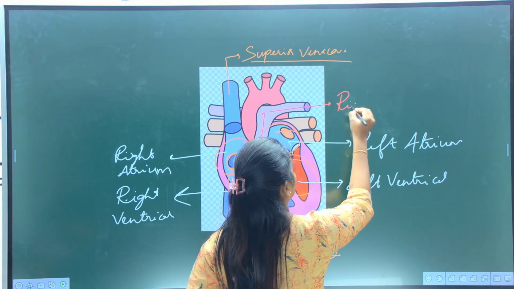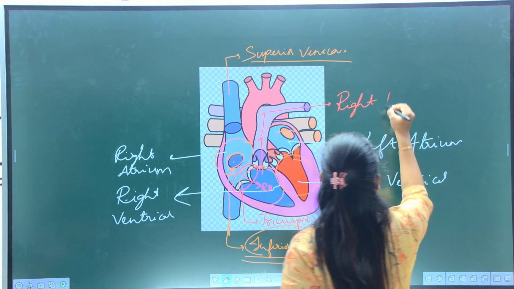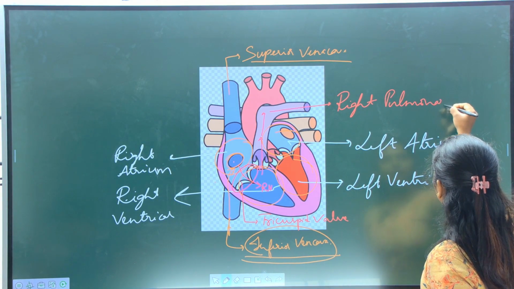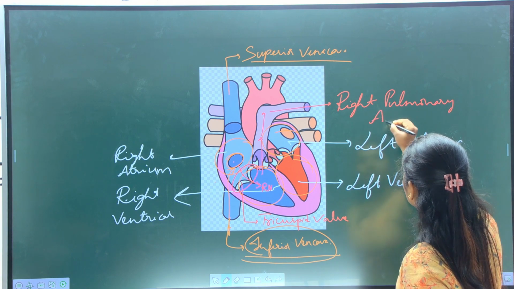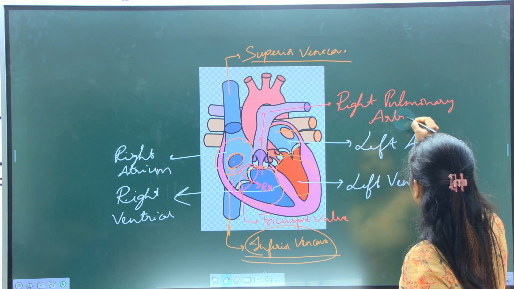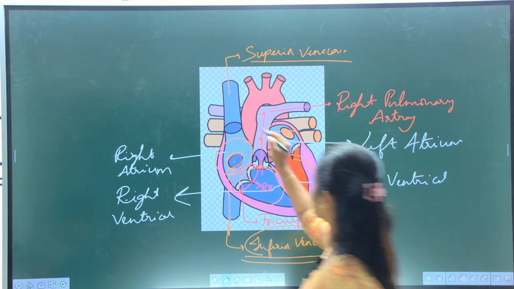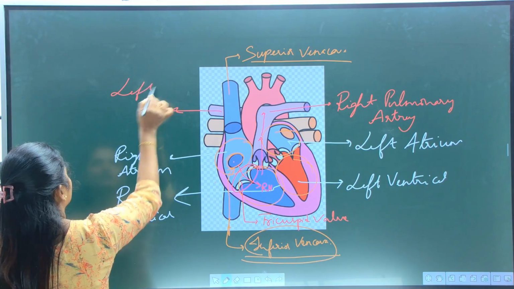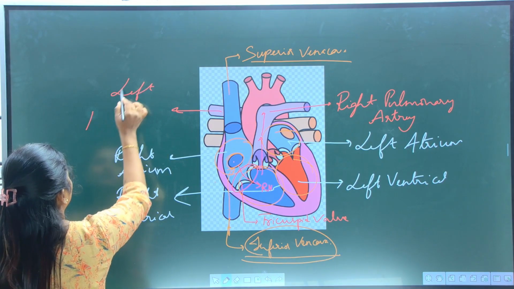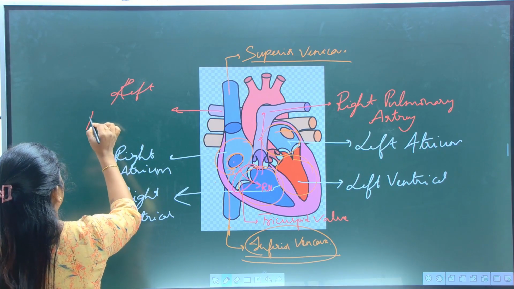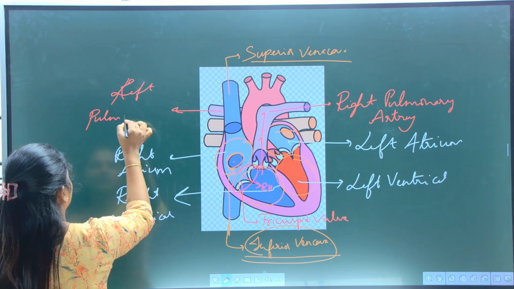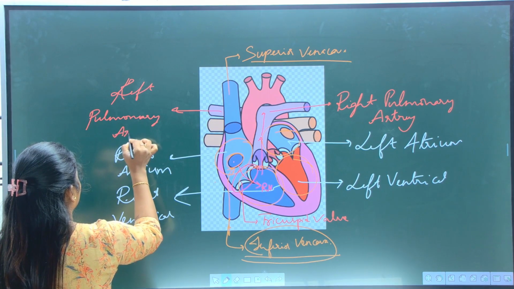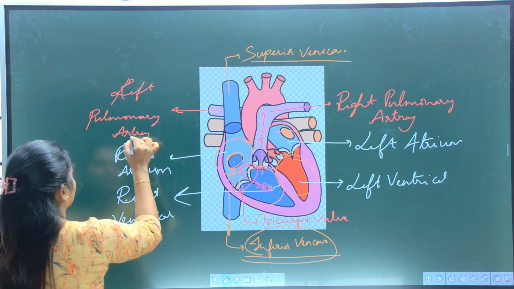So this is the right pulmonary artery, and this is the right and that is the left pulmonary artery.